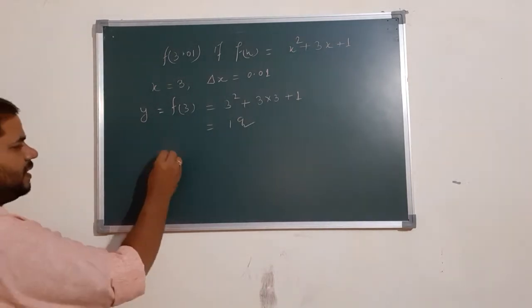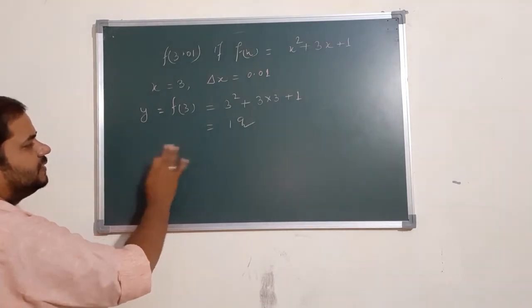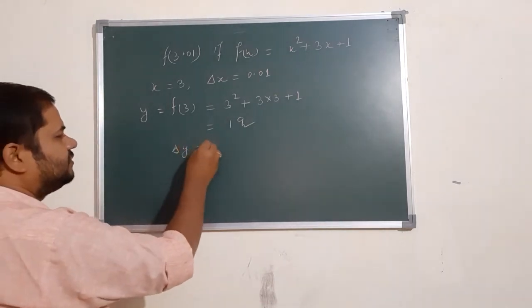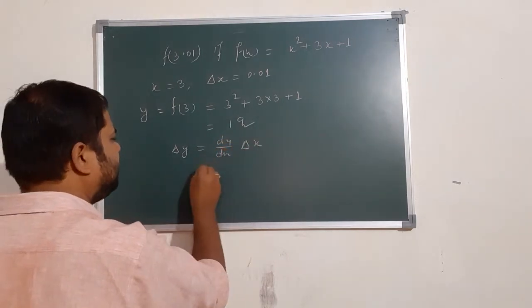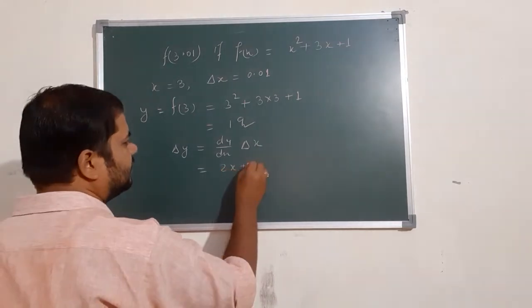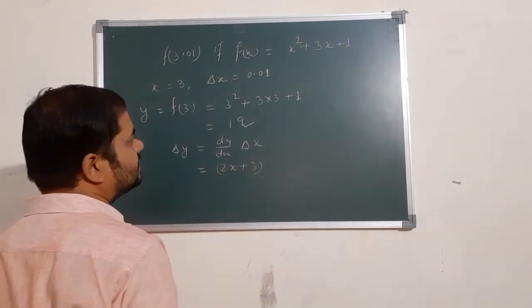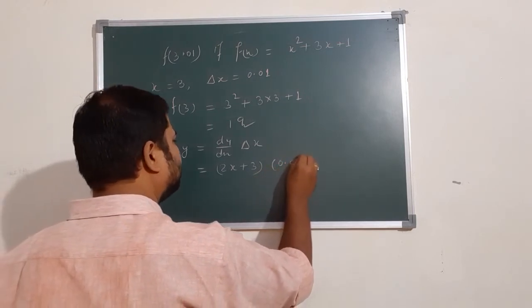Now delta y is equal to dy by dx into delta x. So dy by dx is what? 2x plus 3. And delta x is 0.01.